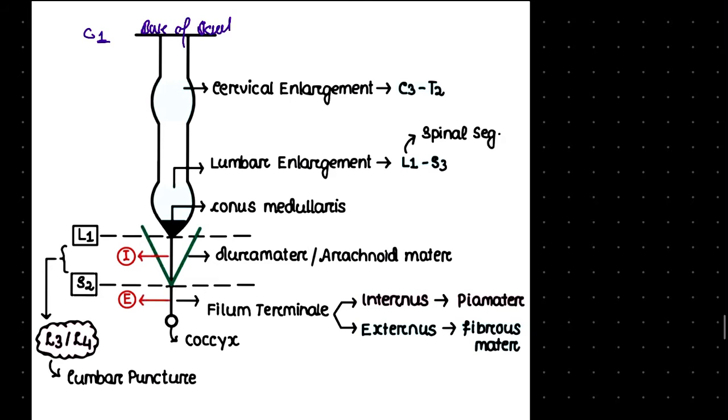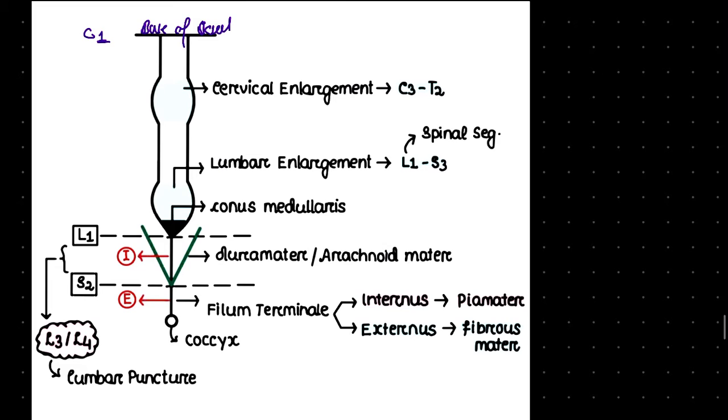So in this region we can do lumbar puncture, because if you do lumbar puncture in this region, we'll get CSF for our examination, and it will not affect the spinal cord also, right? So the site of lumbar puncture is from L1 to S2. And more precisely, we do lumbar puncture at L3 and L4.